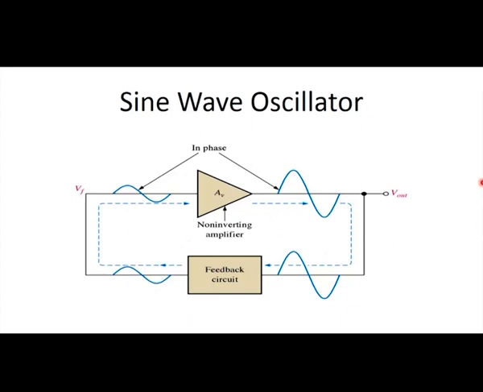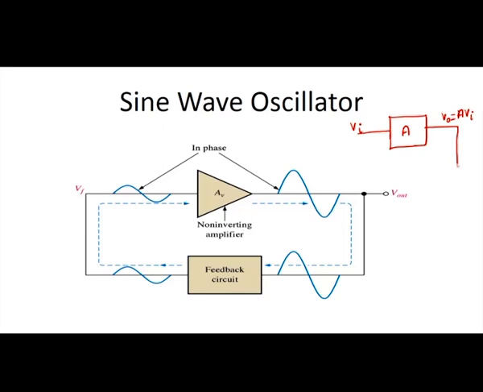If I now redraw this circuit for our understanding, there is an amplifier for an oscillator, and the amplifier's gain is represented as A, to which the input signal Vi is given, and from here I am taking the output voltage V0 is equal to the gain into the input voltage, A Vi.